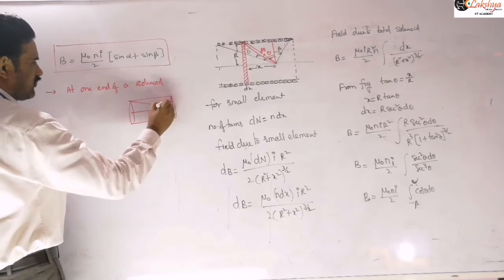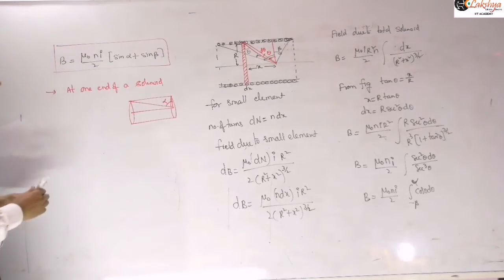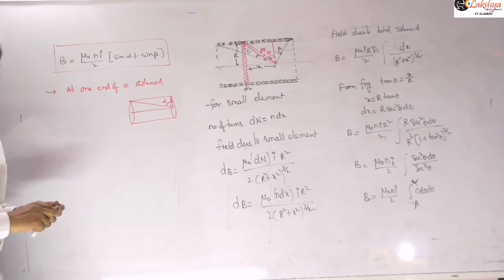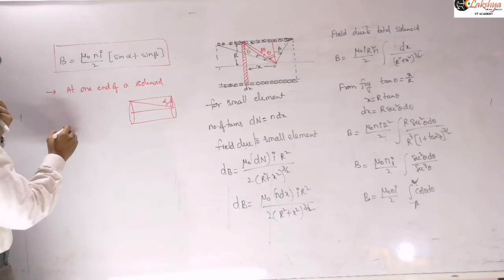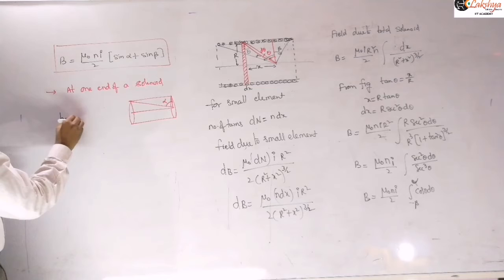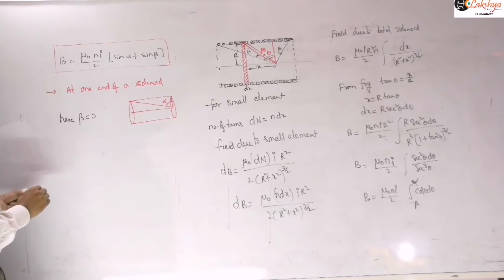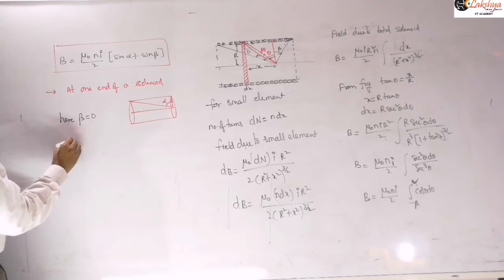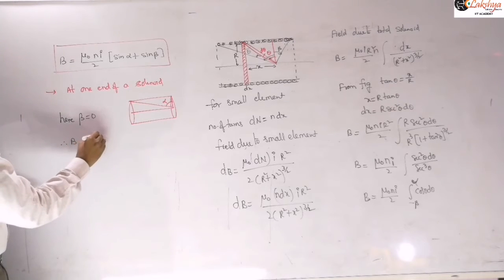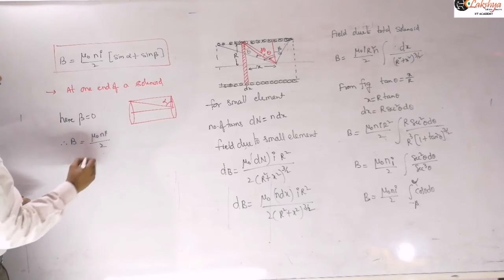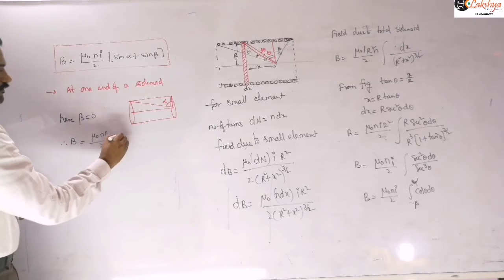So this is our angle alpha here. In that case the beta value will be 0, right? So at one end, beta is equal to 0. Therefore the magnetic field you can write as mu naught n i by 2 into sin alpha.